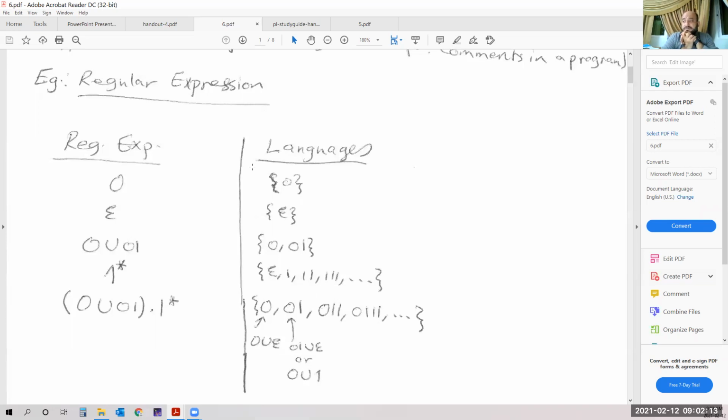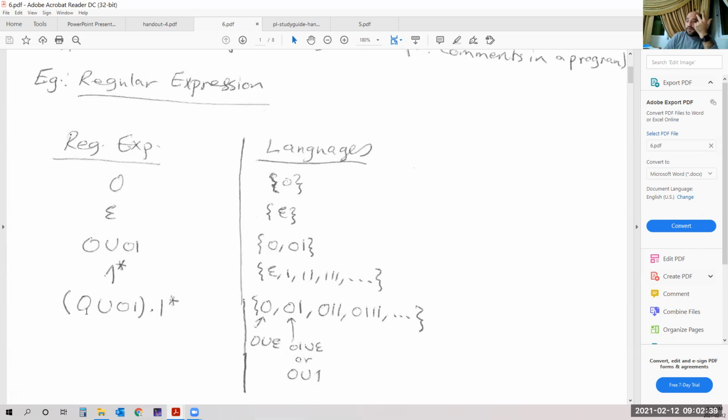If I have (0 union 01) dot, which is concatenation, 1 star. I can have either a 0 itself from the left expression, or I can have 01, and from the right expression here, 0 concatenated with epsilon stays as 0. 01 concatenated with epsilon will be 01.